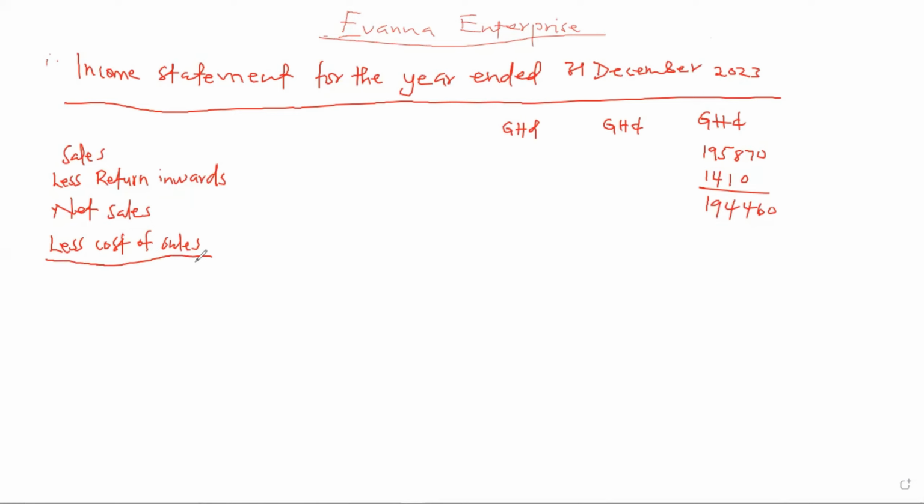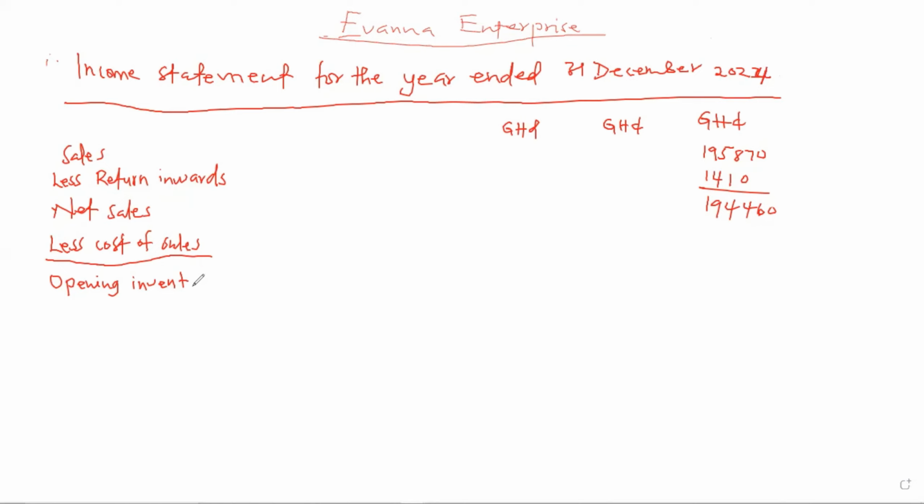We always start with the opening inventory. That is, before we began that particular year, we already had inventory there. That is the inventory as at 1st January 2023. Sorry, I think this is supposed to be 2024.